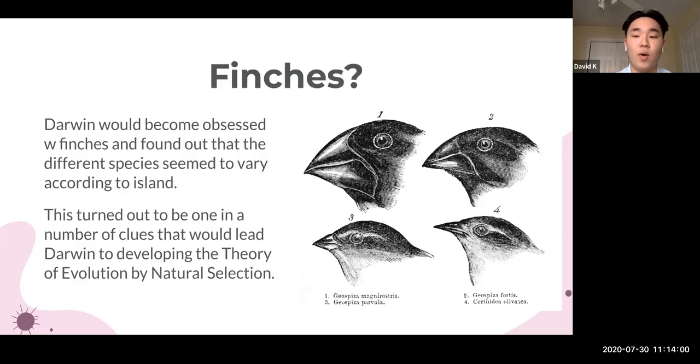That made him question why finches on this island have big, thick, and short beaks, while finches on those other islands have long and sharp beaks. This turned out to be one of the clues that led Darwin to developing the theory of evolution by natural selection.